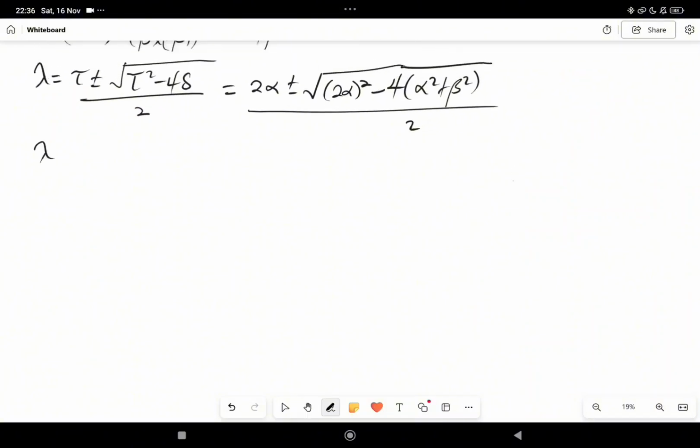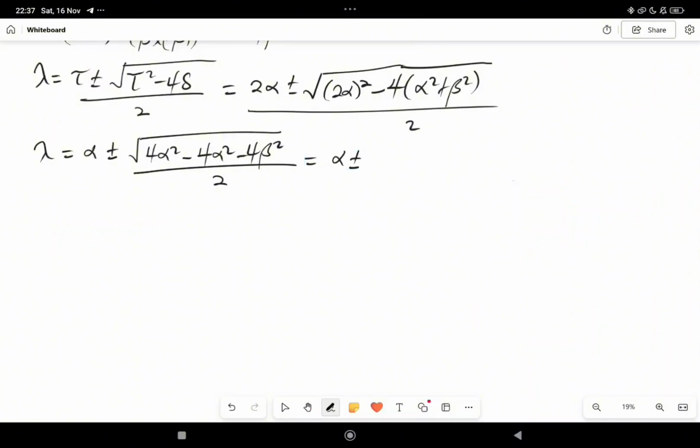So lambda will be equal to alpha plus or minus the square root of 4 alpha squared minus 4 alpha squared minus 4 beta squared, all divided by 2. Then we have alpha plus or minus the square root of minus 4 beta squared divided by 2.